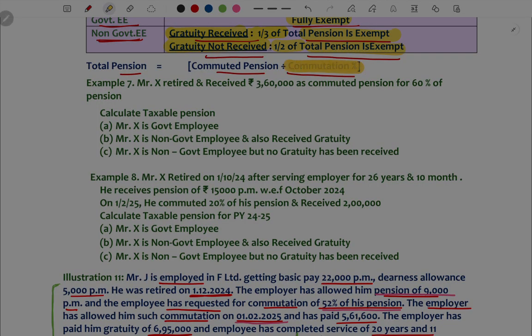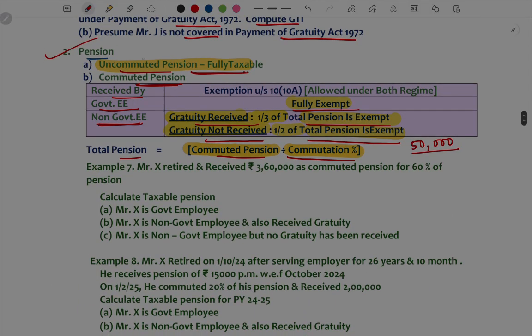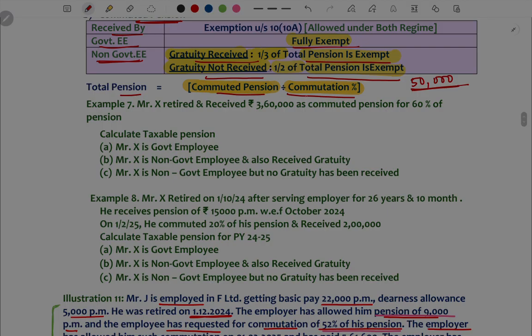If you are given the commutation percentage, meaning how much percentage of your pension you have commuted, then suppose you have already commuted 50,000, and it is given in the question that this is 50% of your total pension.